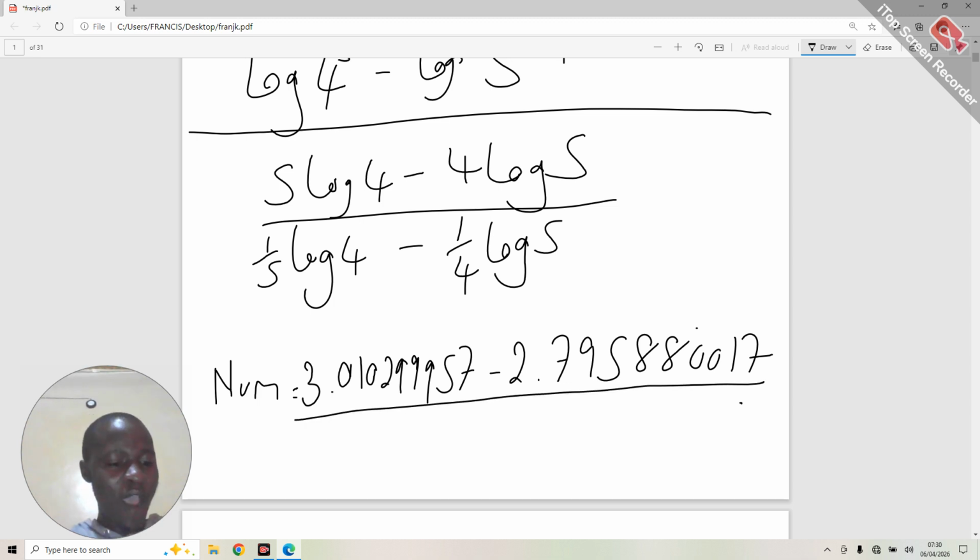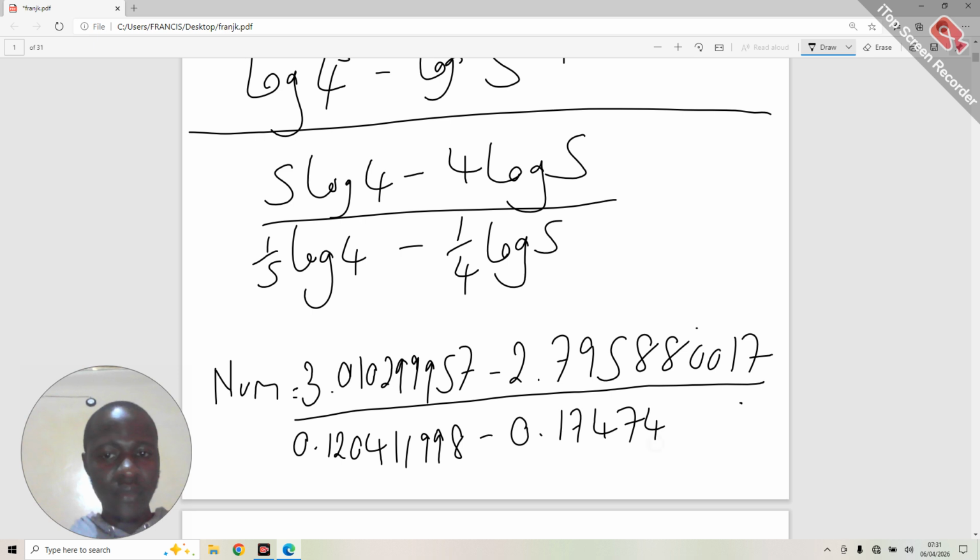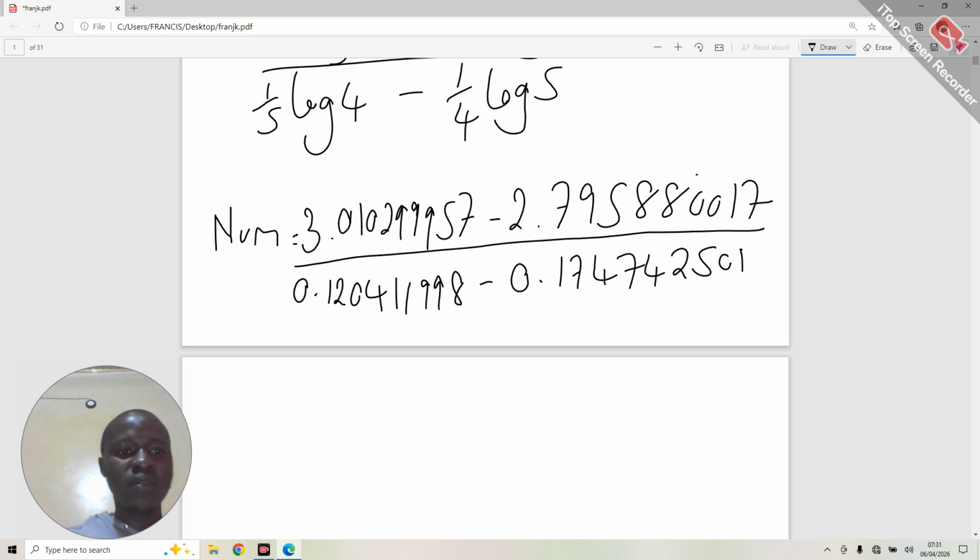Everything is all over 1/5 log 4. So 1/5 log 4, we shall have 0.120411998 minus what, guys? A quarter log 5. A quarter log 5 is 0.174742501. So this is our denominator.